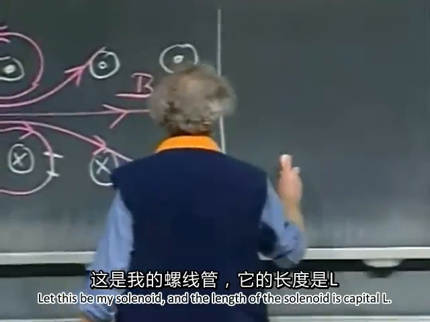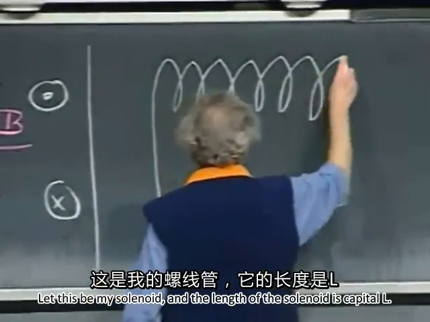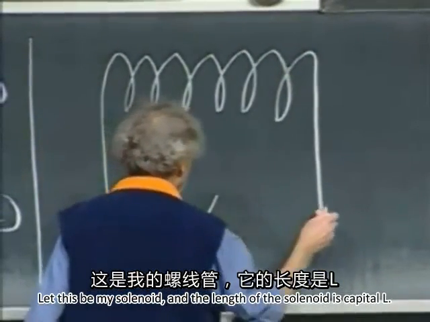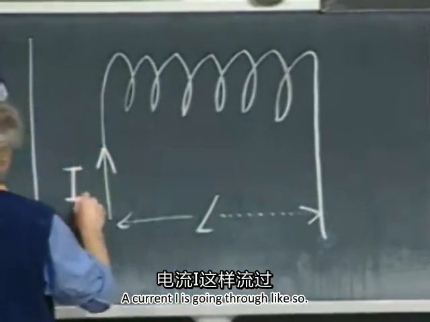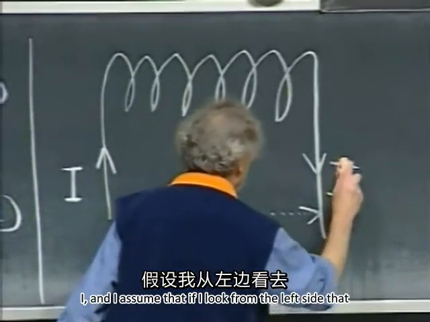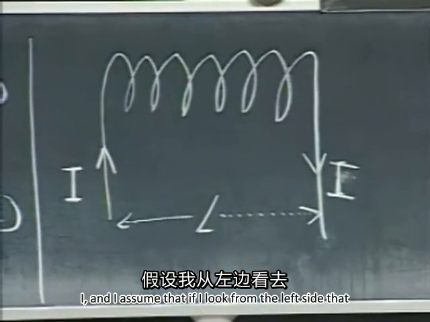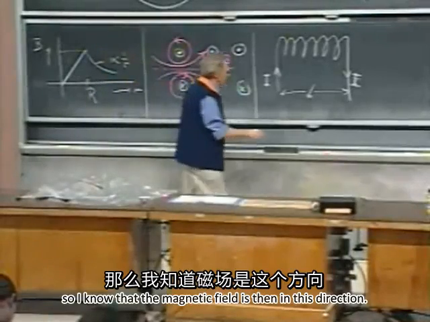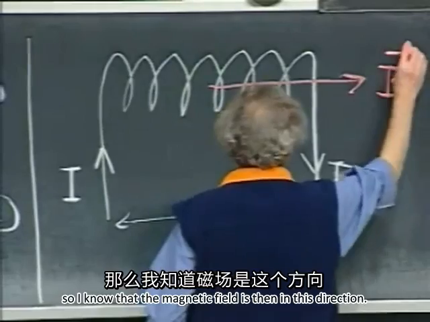Let this be my solenoid, and the length of the solenoid is capital L. A current I is going through like so. And I assume that if I look from the left side, the windings are wound clockwise, so I know that the magnetic field is then in this direction.